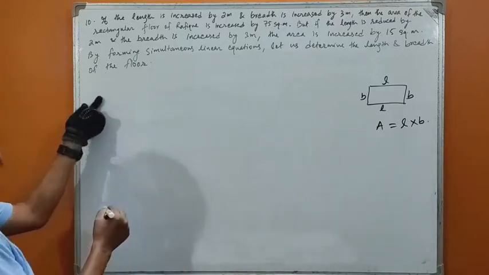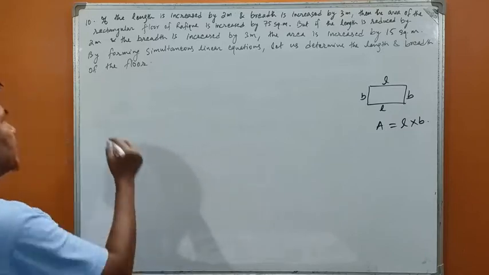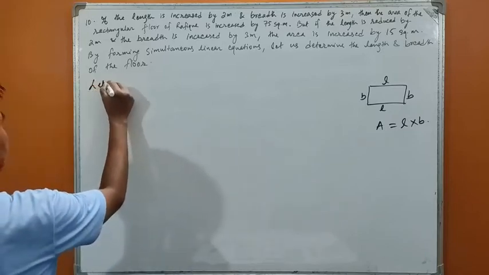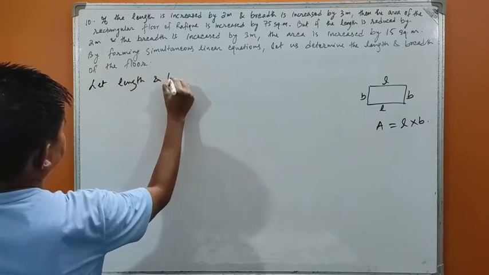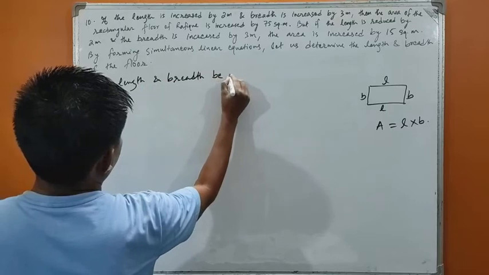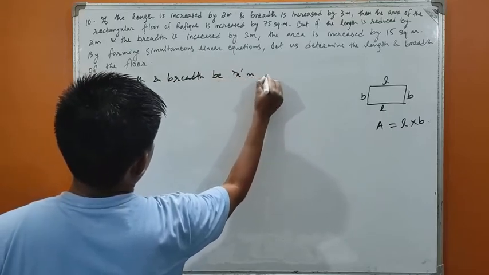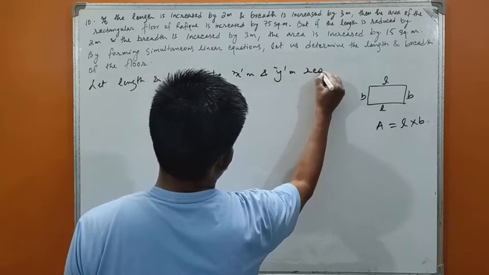Now let us assume the length of the rectangular floor be x meter and the breadth of the rectangular floor be y meter. Okay, let length and breadth be x meter and y meter respectively.